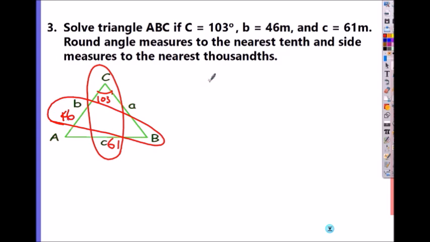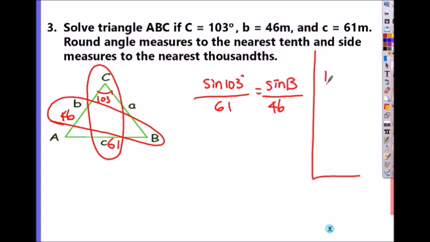So sine of 103 over 61 equals sine of B over 46. Right? These two. And at the end, we have to find B and angle A and side A. So then what do you do?